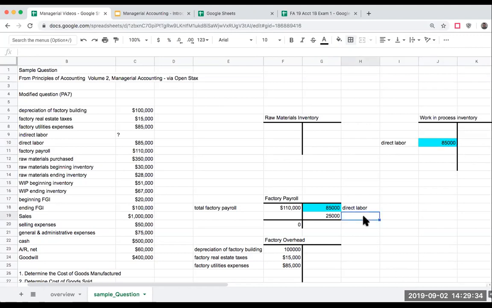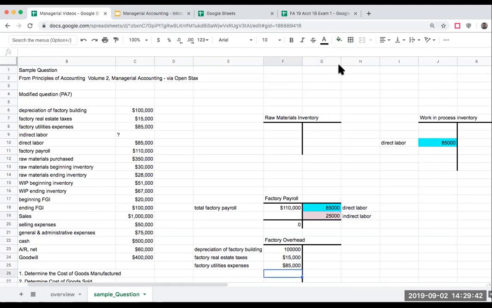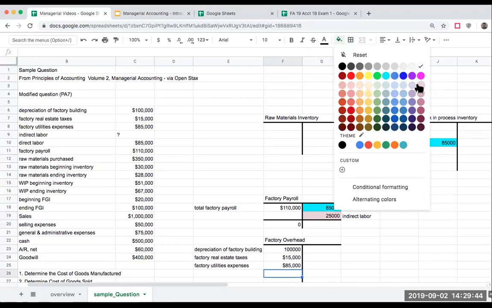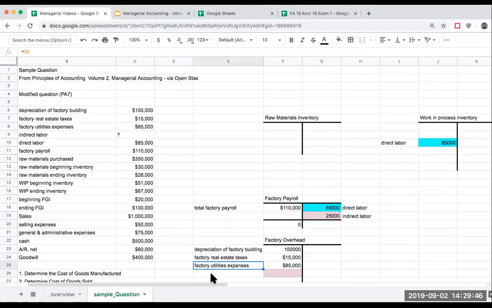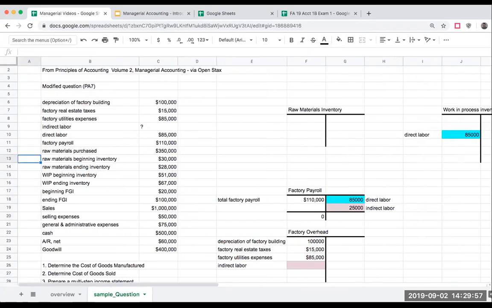The other thing it has is what we call indirect labor. And this indirect labor is going to be going from here down to here into our factory overhead. I cannot apply it to one particular job, so I'm basically putting it down here into my factory overhead. Okay, so that's our factory payroll.